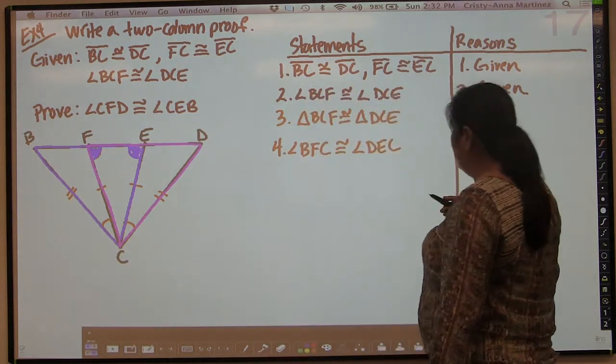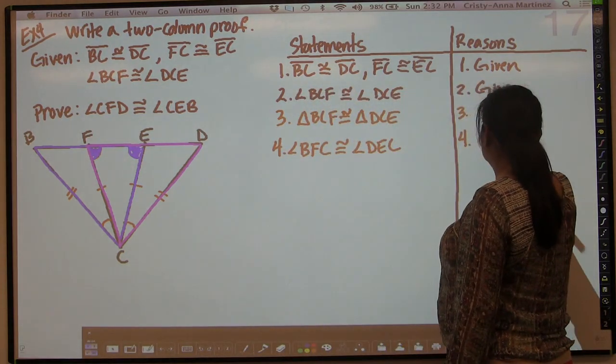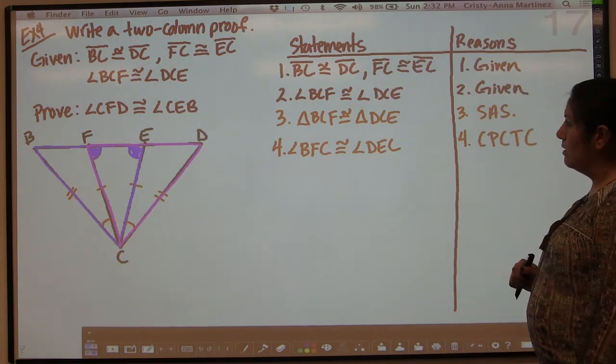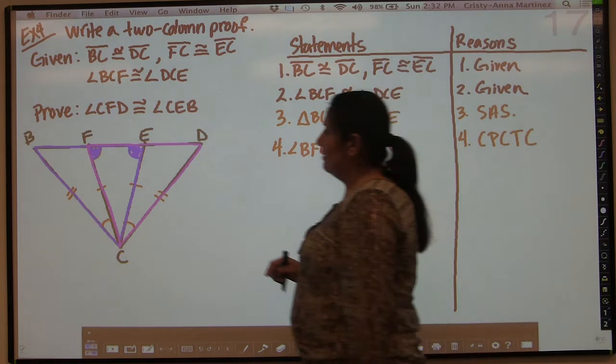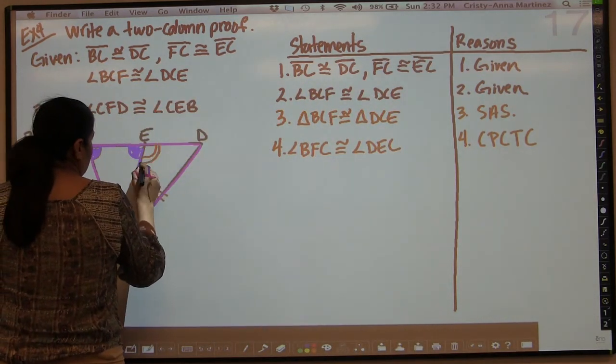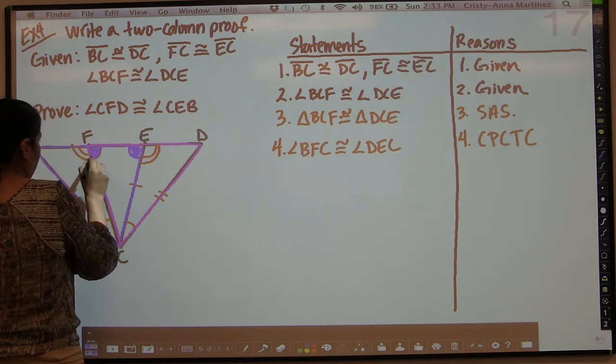Okay? And that's because of corresponding parts of congruent triangles are congruent. So CPCTC, it's an acronym. Okay, so now we know that this angle right here is congruent to that angle right there.